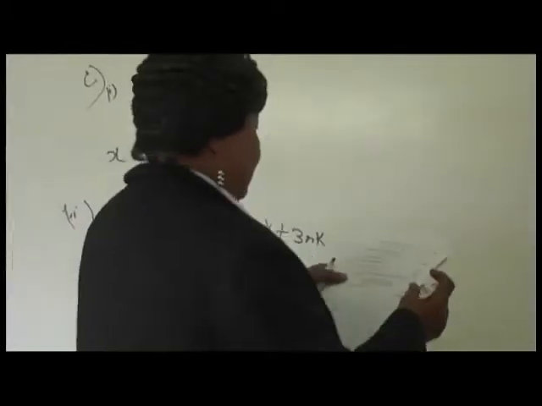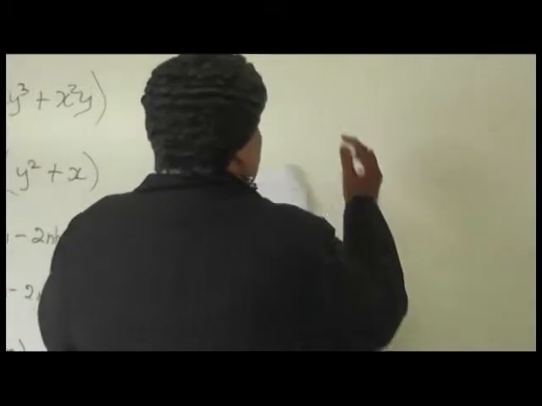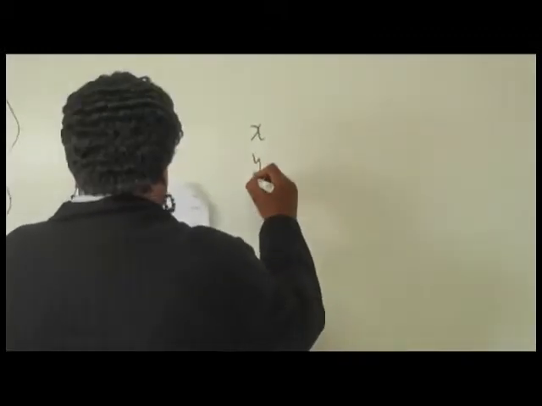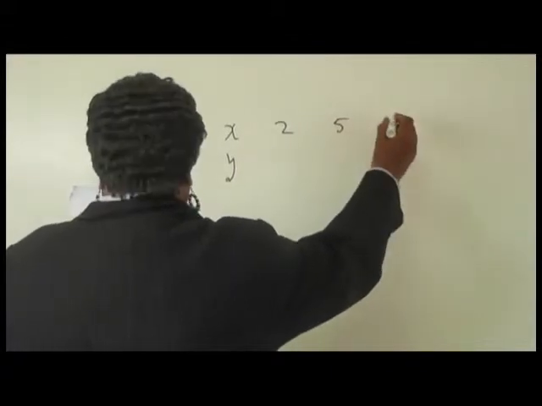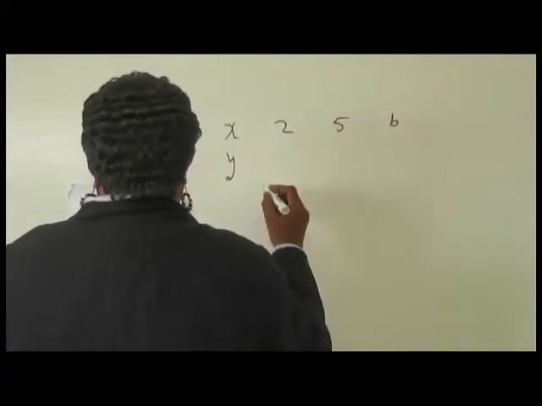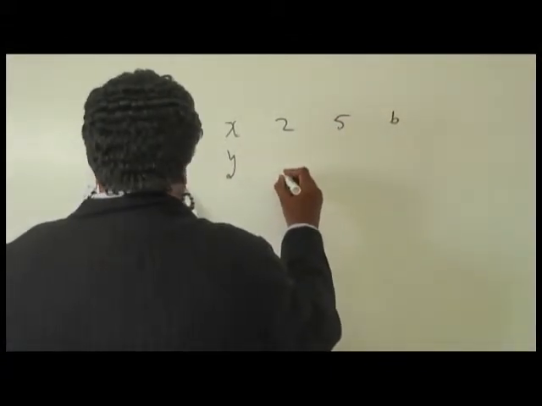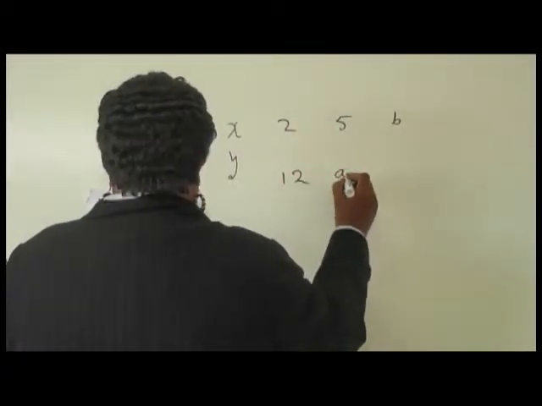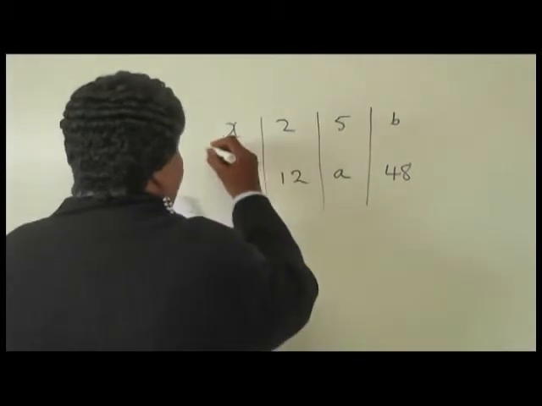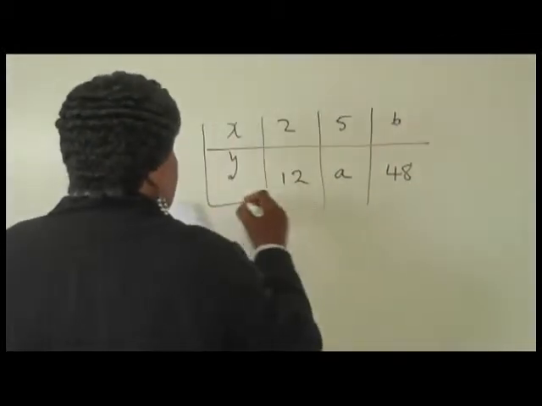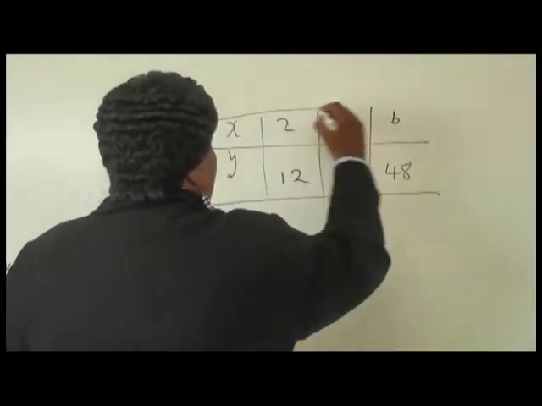Okay? And then this one says a table. We have a table X, Y. The numbers are 2, we have 5 and we have B. And you have 2, you have 12, and we have A and we have 48. Listen carefully, this is the table that you're given.